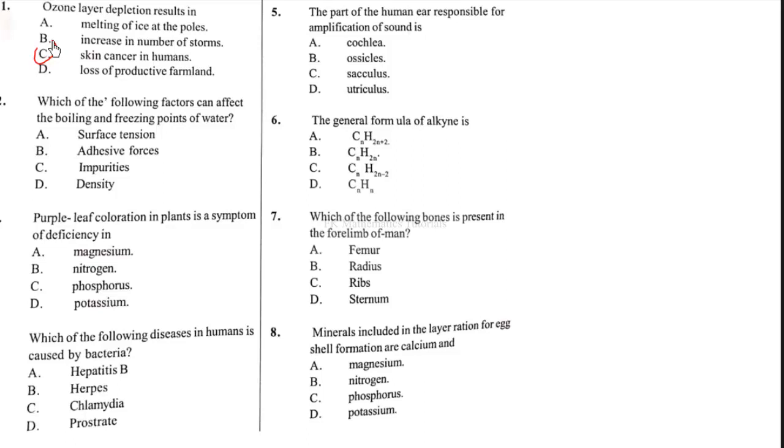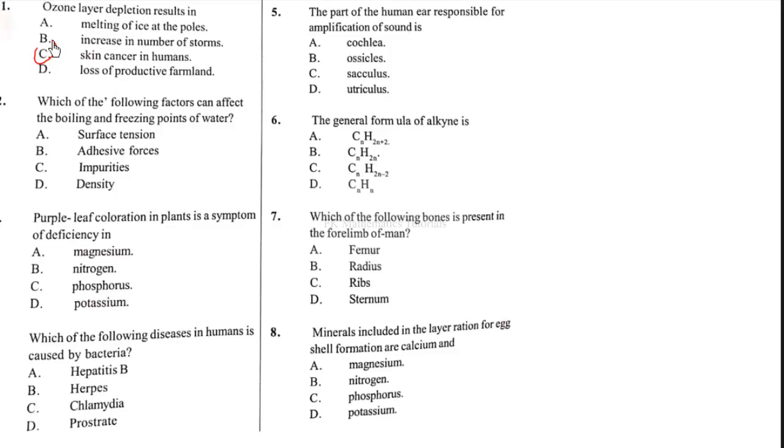Which of the following factors can affect the boiling and freezing point of water? Surface tension, adhesive forces, impurities, density. So when you talk about the boiling point of water, it can be affected by the pressure that the water is under, and also whether there are impurities or particles in the water.